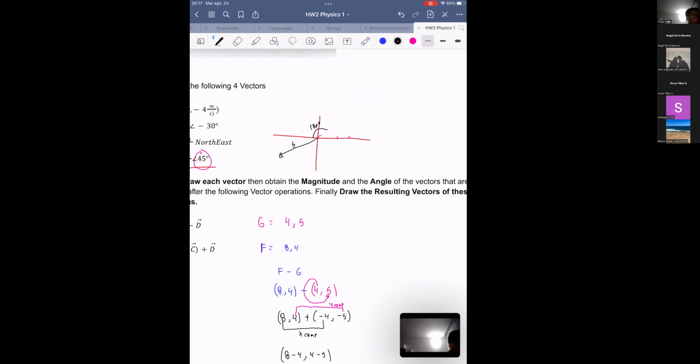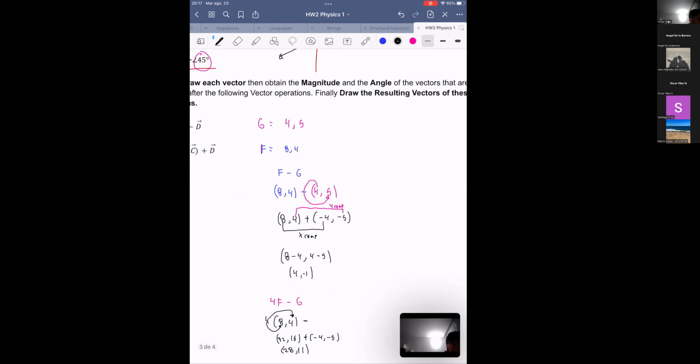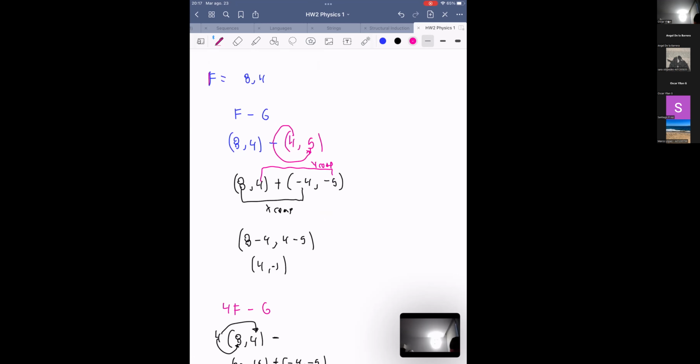So if I want to get the direction and the magnitude of those vectors, I use the same formula that we have always used. For the magnitude of a vector, it will be with Pythagoras, and for the direction, it will be with the sine or the cosine, depending on what I have, right? Yeah. Okay, thank you. You're welcome.